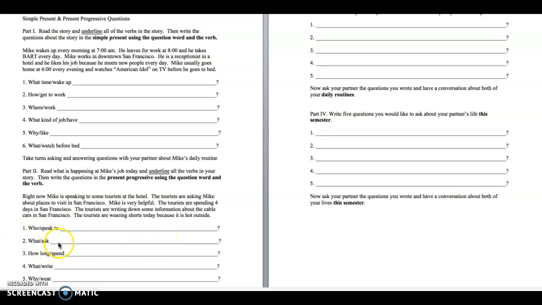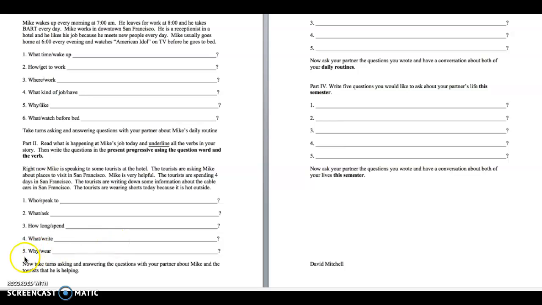Or what are the tourists asking Mike? How long are the tourists spending in San Francisco, etc. I give them a few minutes to work with their partner to write the correct questions in present progressive. And then again, they have an opportunity to take turns asking and answering the questions with their partner.